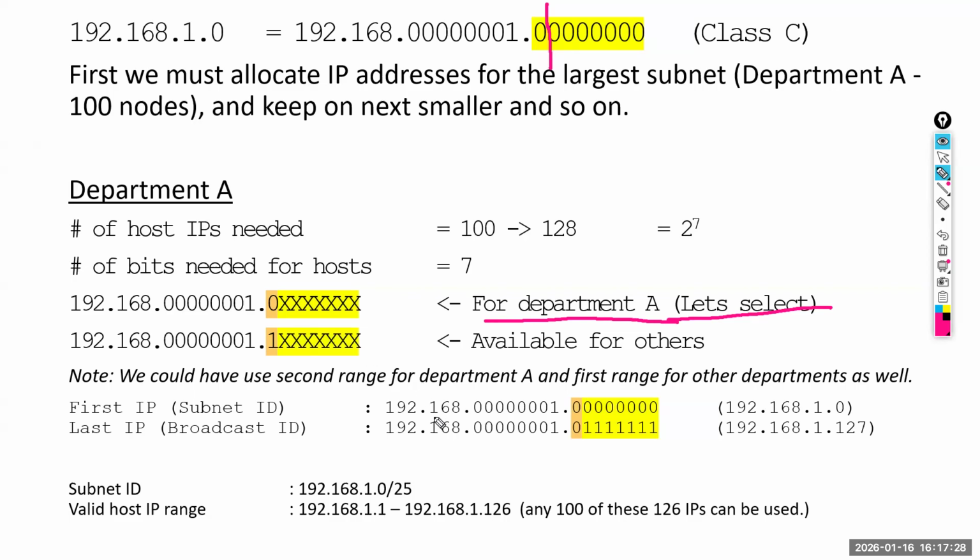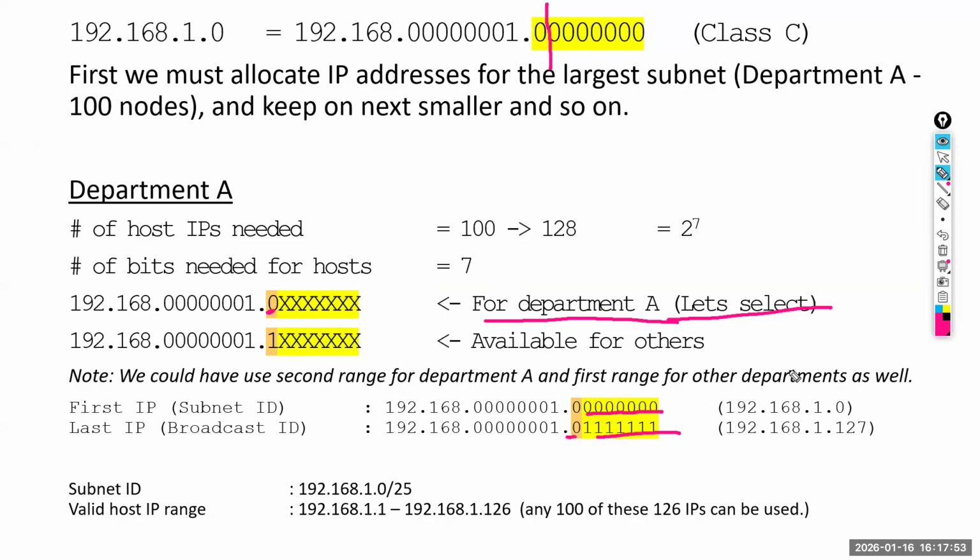So therefore, what is the smallest? For the department A subnetwork, of course, we get 2 to the power 7 minus 2 machines, that is 126 machines. Okay, that is bigger than 100. So the smallest number will be 0 and all zeros. The biggest number will be, because this is 0 now, all 1s.